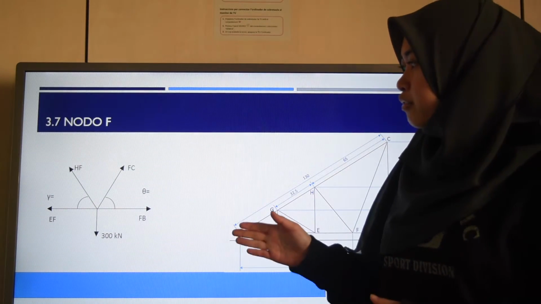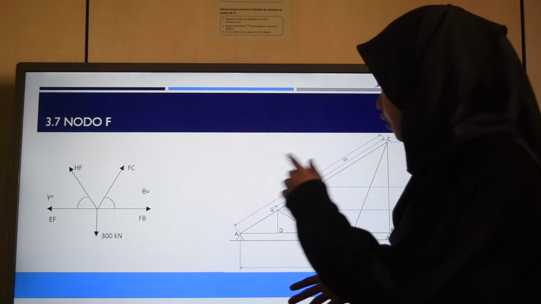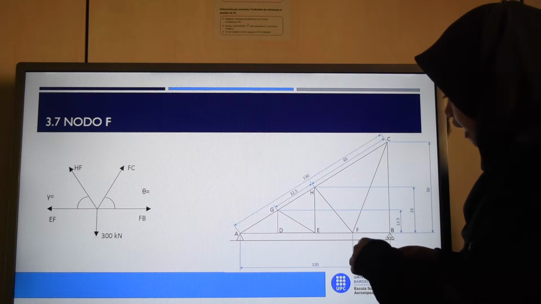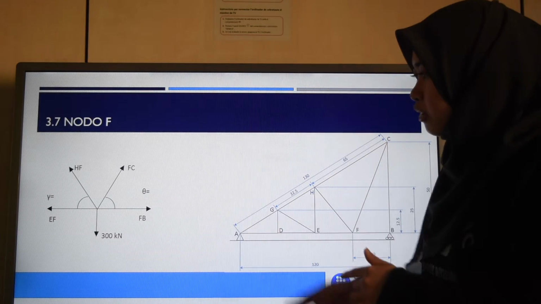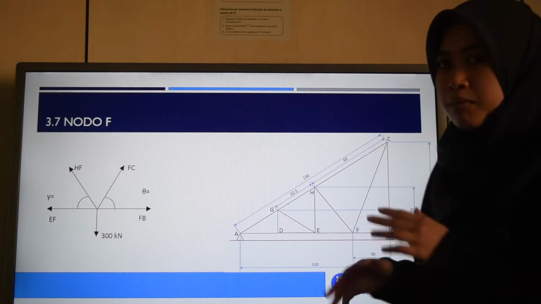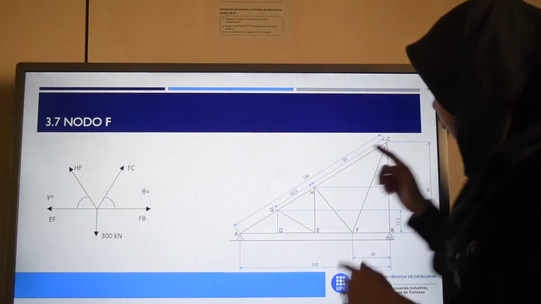Next, for node F. In node F, first we have to find out all the forces acting on node F, which are FC, FH, EF, FB, and the downward force of 300 kilonewtons down here. Before we sum all the forces, we have to calculate the angle between FC and FB.